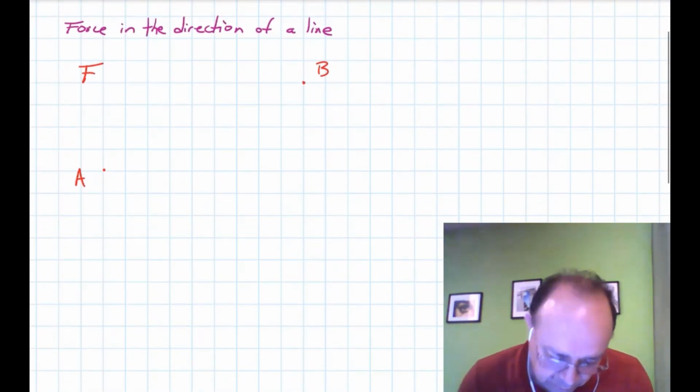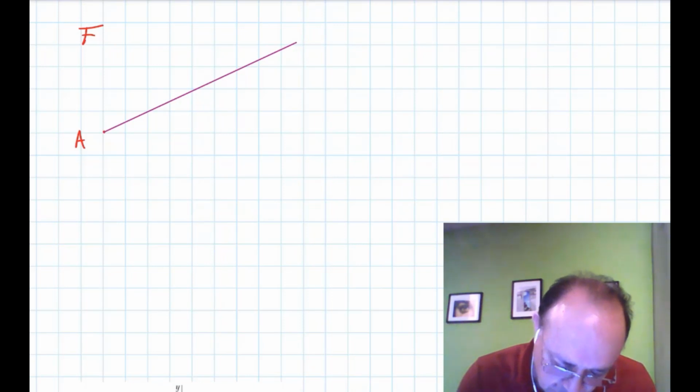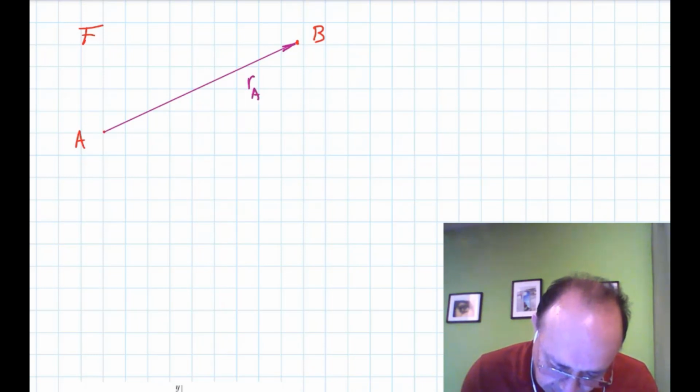Let's draw the position vector here as this line. Let's say this is point B here, and this is the position vector RAB.